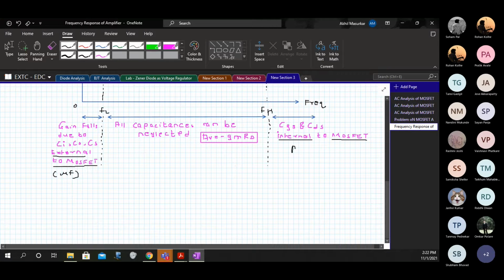Though they are very small, their impedance at high frequency is going to decrease. What is the impedance offered by the capacitor? Xc is going to be what? 1 upon 2 pi Fc.